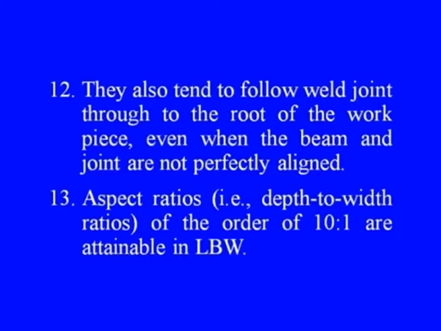They also tend to follow weld joints through the root of the workpiece, even when the beam and the joint are not perfectly aligned. Aspect ratios, which is the depth to width ratio, of the order of 10:1 are attainable in this laser beam welding process.